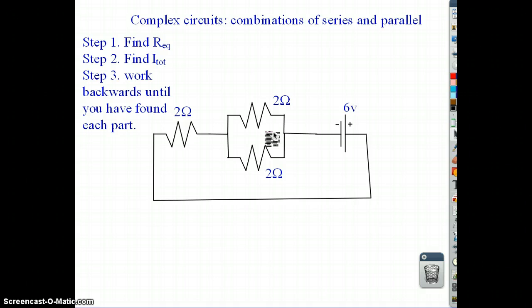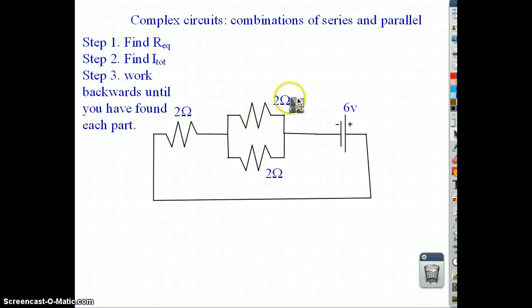So what we're going to do first is, our first goal is to find equivalent resistance. When you do this, you need to work at the smallest part and work your way out. So the smallest part here is going to be this parallel section.